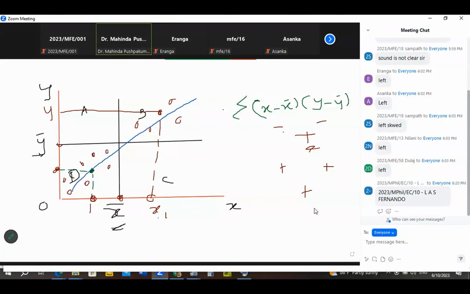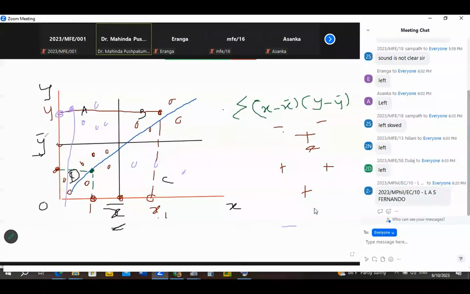Then now you can realize what happens if the observations are scattered here. Then covariance becomes negative. Because if you take this observation, y is here, y bar is here.